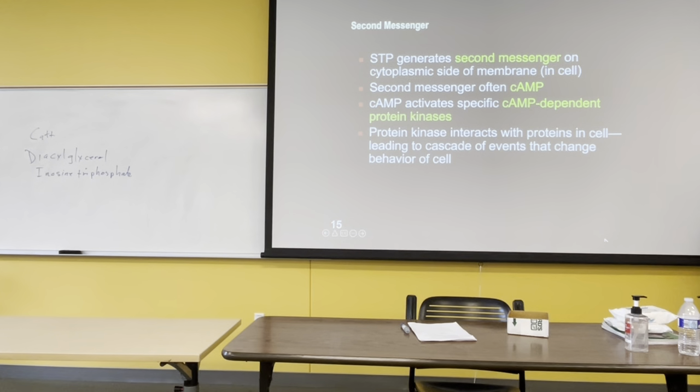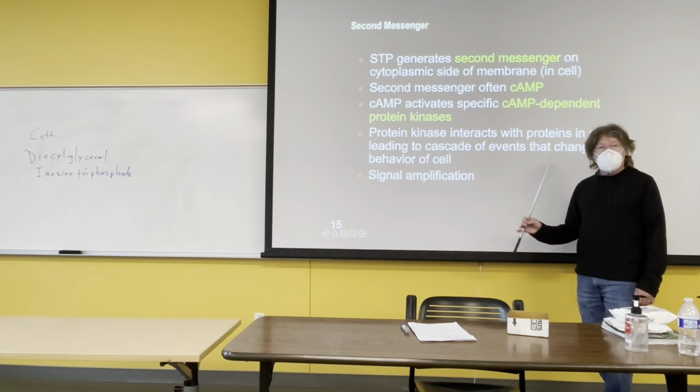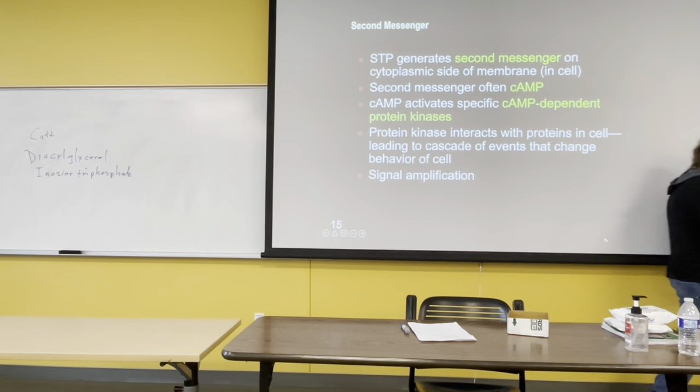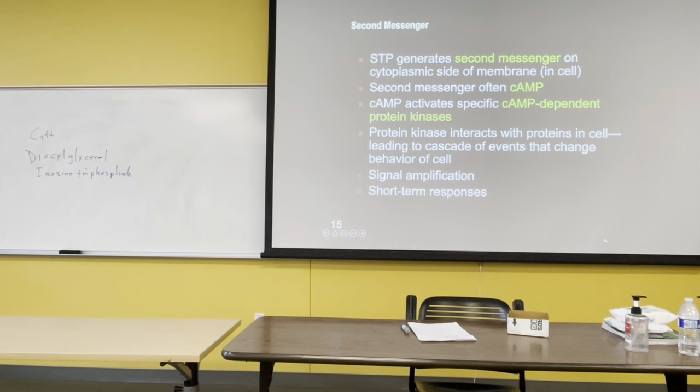And so these are the cascades. Now, why a cascade? This amplifies the signal in a very, very short period of time. And I'll just give you an example on the next slide here, how this works. And of course, these are always short-term responses. Quick responses usually do not last very long.